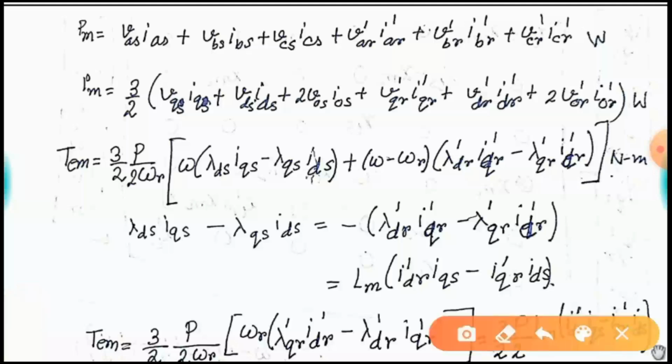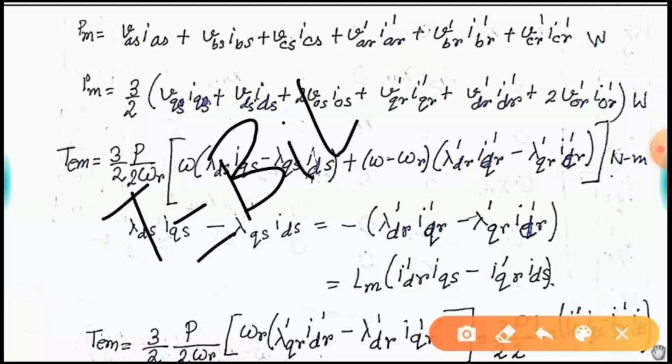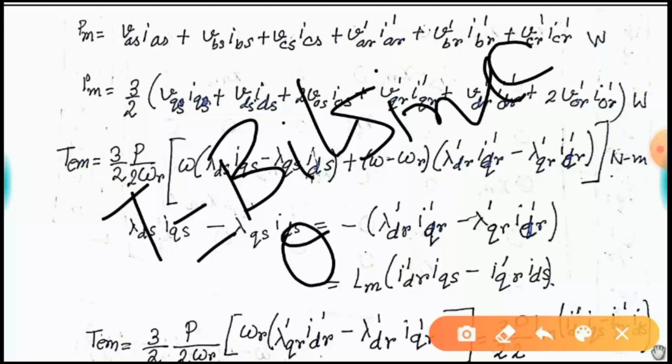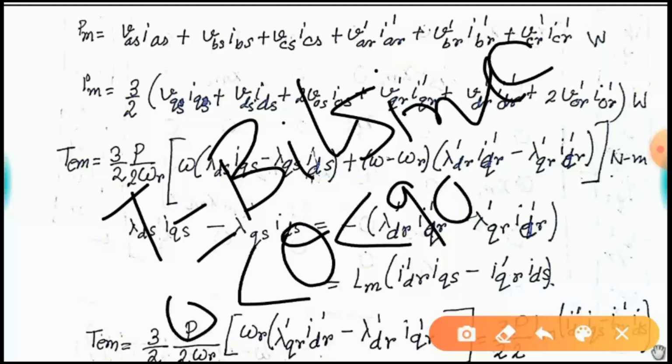That formula we all know. I already discussed it in my synchronous machine lectures. It is the simple BIL sine theta, and if your theta varies from 0 to 90 degrees and theta becomes small, then the whole torque will become small.